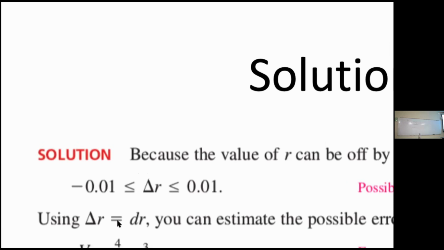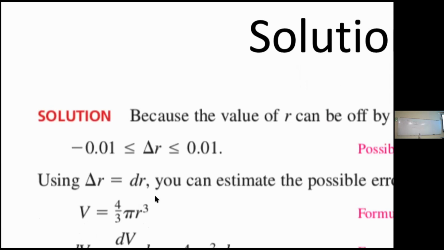So we're going to assume that delta R is equal to our differential. We're going to say, all right, we know this volume. Cool. From here, that means we know dV dr, right?